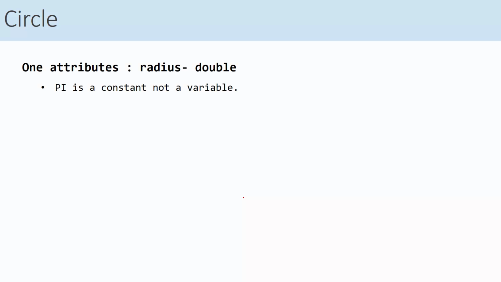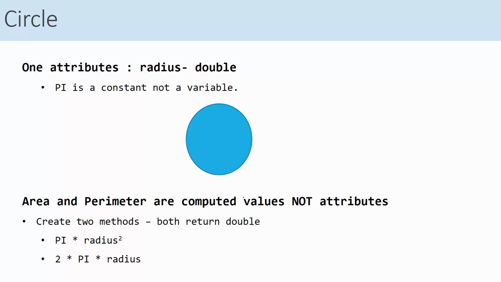Circle needs only one attribute, radius, and definitely is going to be a floating point value. Pi is not an attribute, pi is a constant, and we can use it without even creating a constant by using the Math.PI static value. So here is our circle. What we need is the radius.